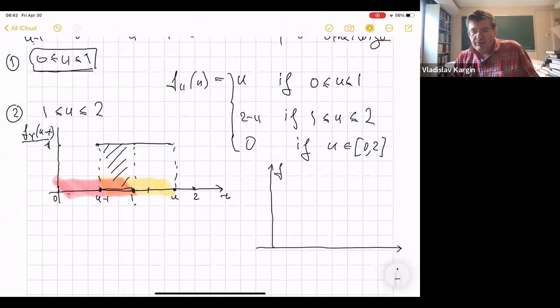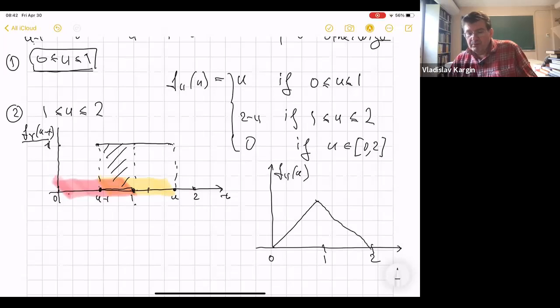So this is f(u) which we found. It's non-zero on the interval from 0 to 2, equal to u on the first part, and equal to 2 minus u on the second part. So this is our density which we found.